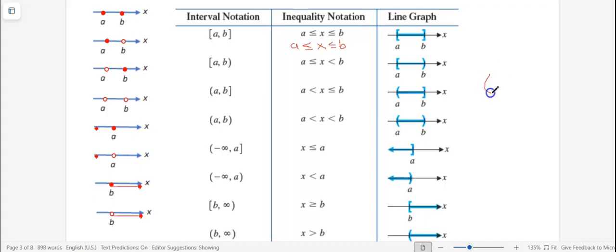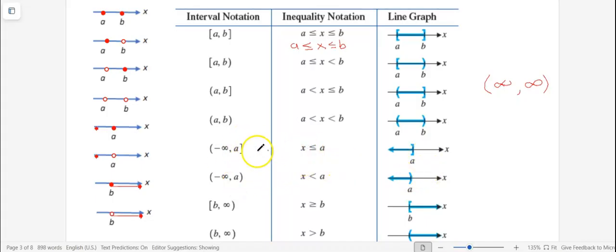One thing we need to always remember is that infinity will always get the parentheses, because we are never equal to infinity. So here you see negative infinity, parentheses, up to a. We can just put an arrow because it's going to go on forever. And we can put a is greater than x. Okay, here you can say x is less than a.